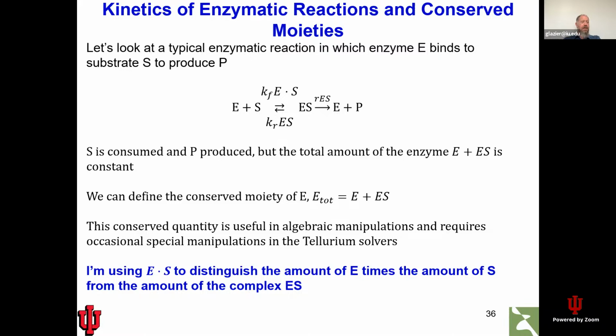So I start out with E plus S, and I get a complex ES, which are bound together. And then there's a second reaction, a decay reaction, where the ES is released to make E plus P.